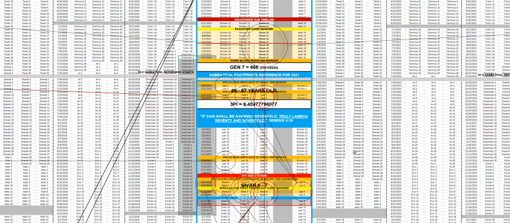The reason we're using Enoch and Elijah's calendars is that both of them were taken by God following a pattern of the bride. The bride will be taken by God. The bride walked with God, just as Enoch and Elijah, and they were taken to heaven without dying.